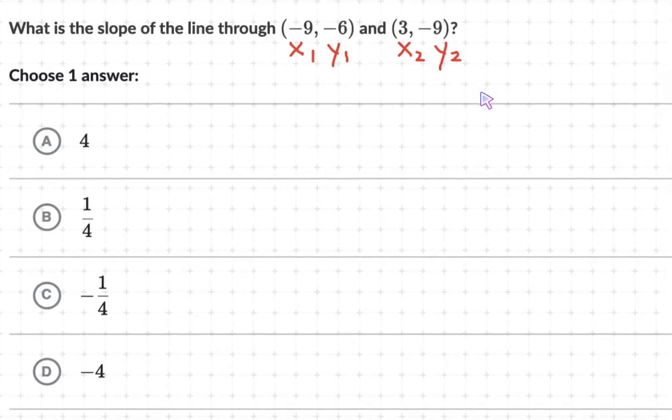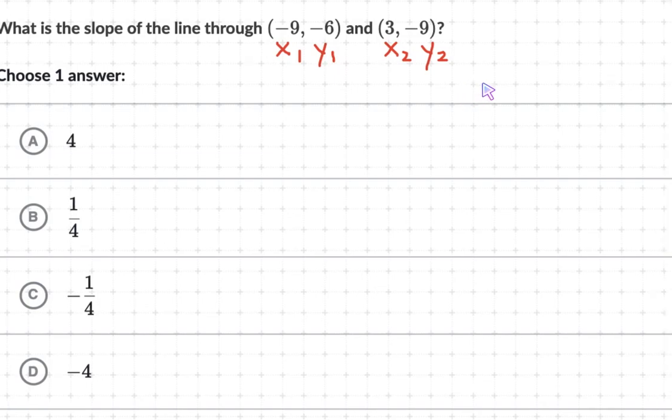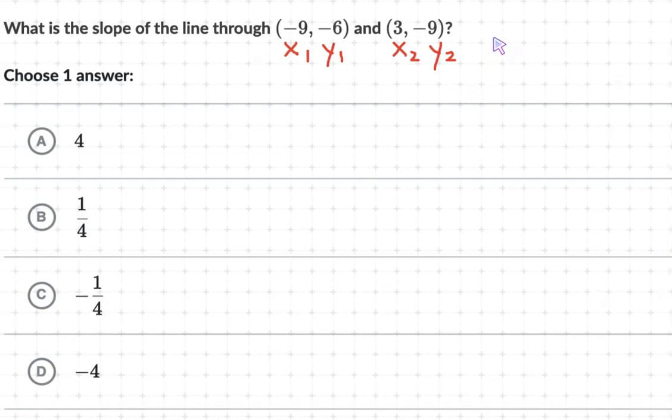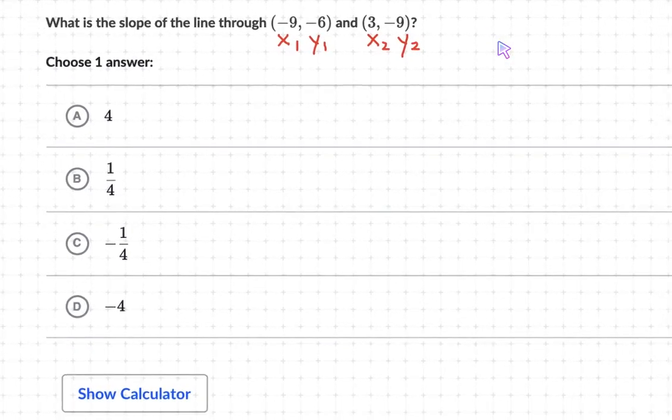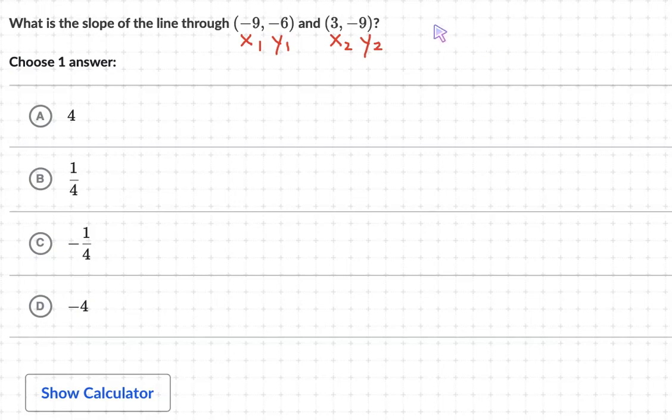Then we're going to follow the formula. The formula tells us that the y's need to be subtracted first on the top. Let me give myself some more room. So I have the subtraction, the change, that's what the triangle means, of y on top and the x's on the bottom.